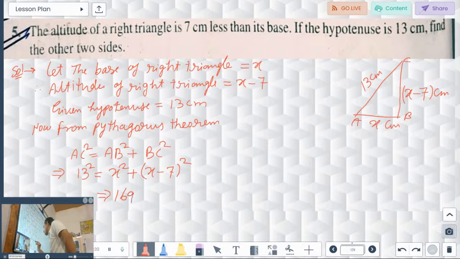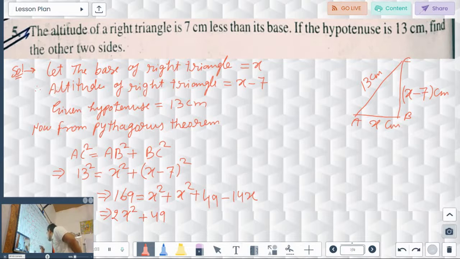Now simplify: 169 equal to x square plus, opening the whole square of x minus 7, x square plus 49 minus 14x, okay, equal to 2x square plus 49 minus 14x minus 169, okay, equal to 0.